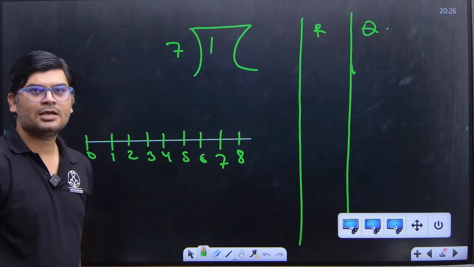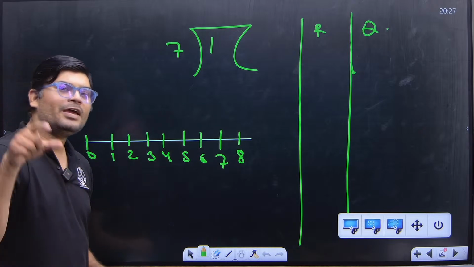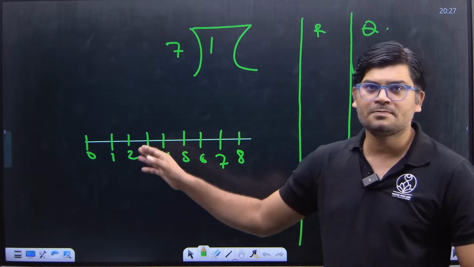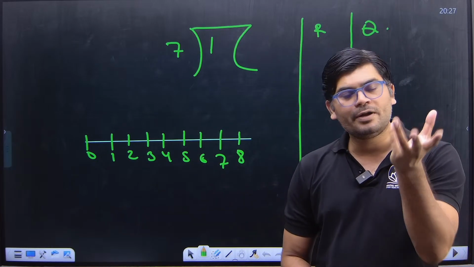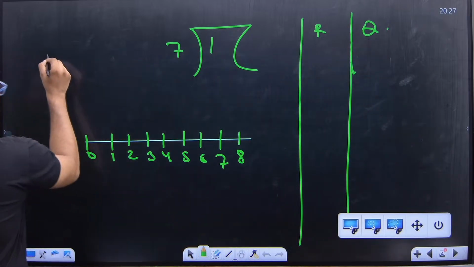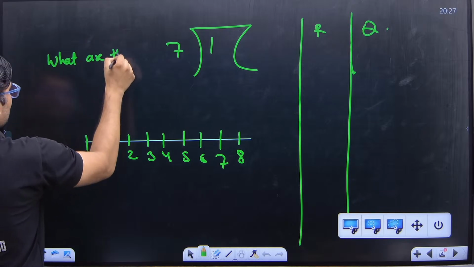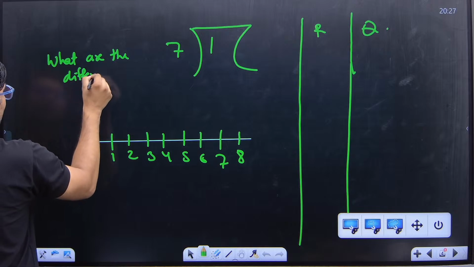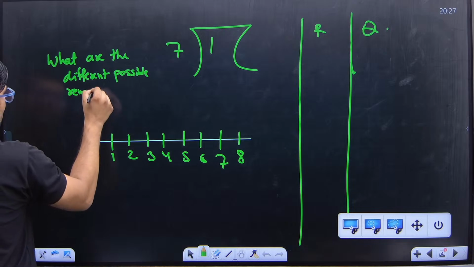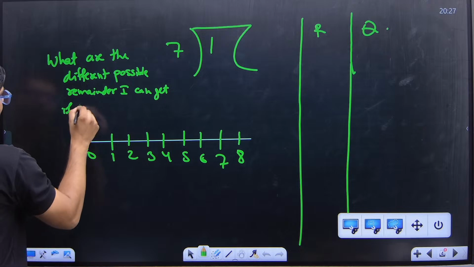I can choose any random number on this number line, and if I divide these numbers by 7, what are the different possible remainders that I can get?